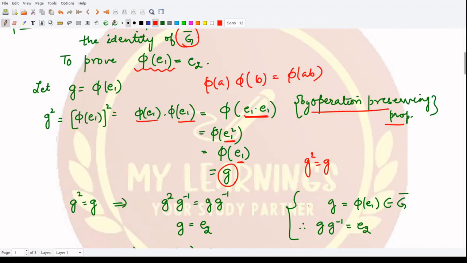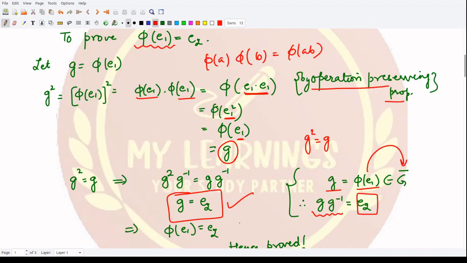If you post multiply both sides with g inverse, you have g is equal to E2. Why E2? Because g is phi of E1, and it is a member of G bar, so g inverse would be the identity of the group G bar. Hence we have E2 over here, correct? So that means phi of E1 is equal to E2, and this is what you wanted to prove in the first property, correct?